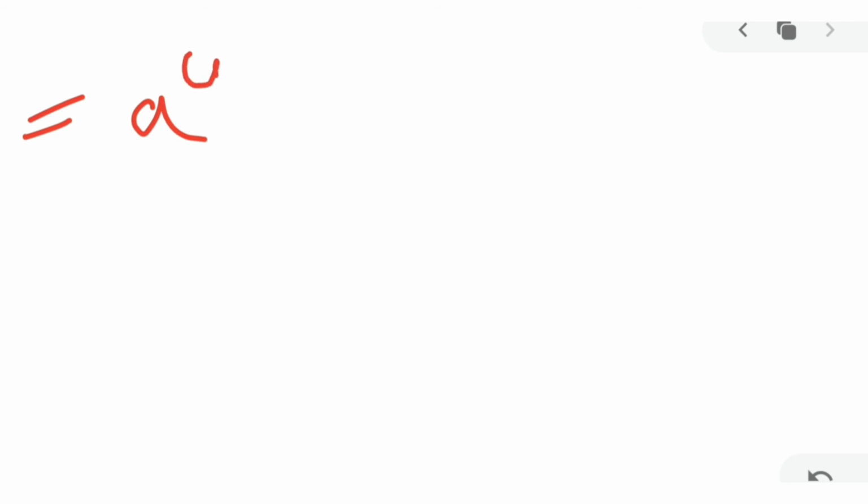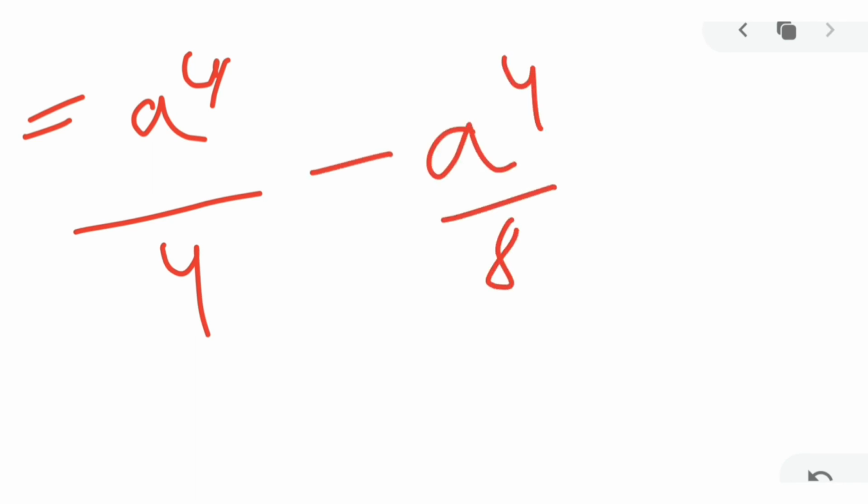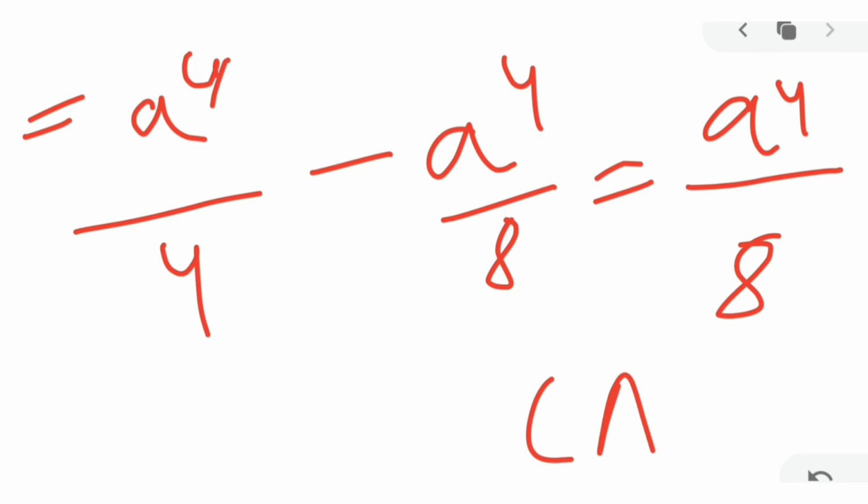We are putting the upper limit and the lower limit. A to the power 4 by 4, then 0. We are not writing that. Equals to a to the power 4 by 4 minus a to the power 4 by 8. We have a to the power 4 by 8. So this is the answer for this question.